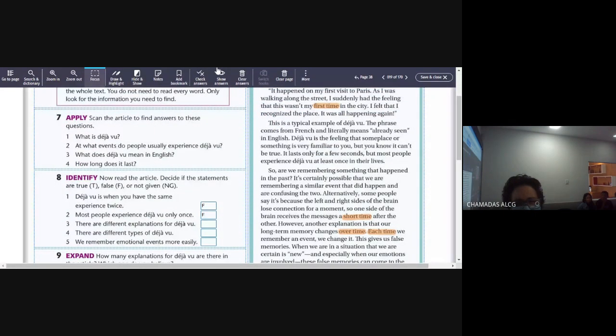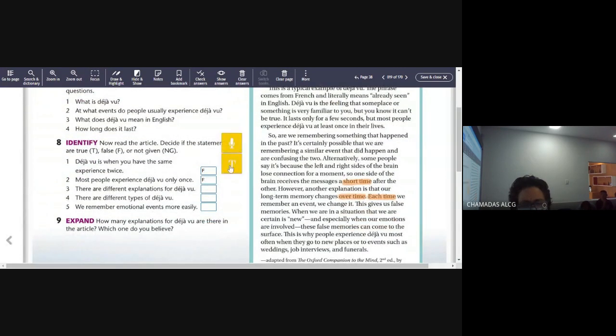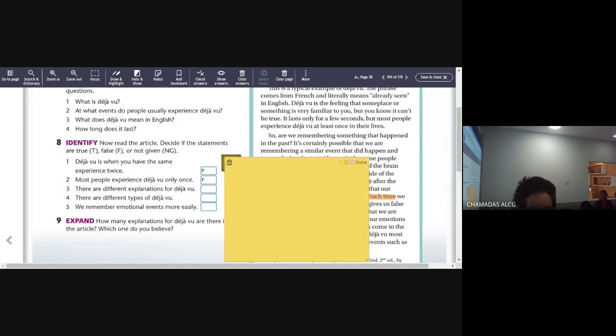This is what's going on. So I will explain the difference between true and truth, okay? We have true, it's an adjective, okay? So example, that's true, okay?